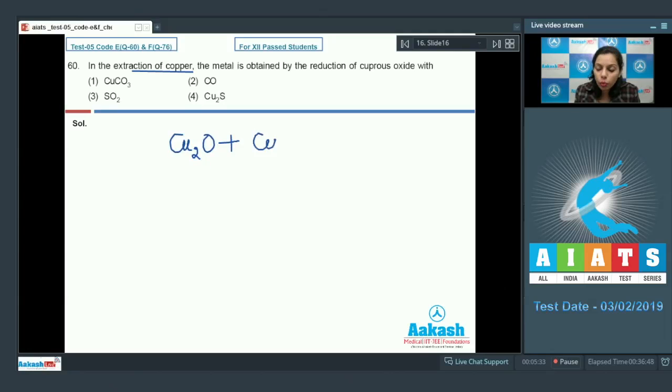When it is treated with cuprous sulfide, then there is the formation of copper metal. Along with that, sulfur dioxide gas is released. It means in this case, this would be the process that's taking place. So which substance, which compound are we taking here? We are taking here Cu2S, and that's why I've marked option 4 here.